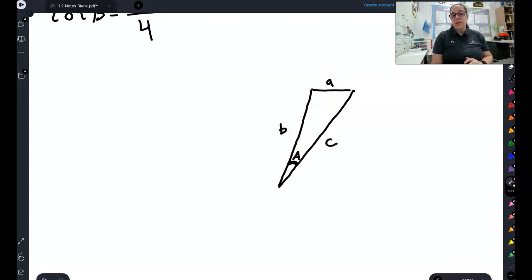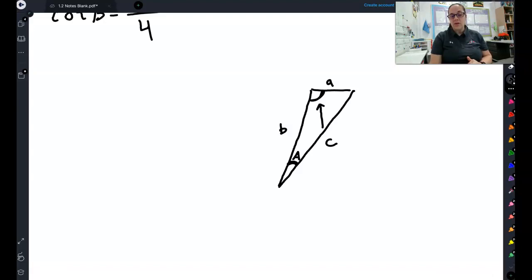Now let's notice another thing. Understanding this relationship then, which of these remaining two angles will be the biggest? Or you could also ask, which of the remaining two sides will be the biggest? Well, we know that C is going to be the biggest side because C is across from the biggest angle.